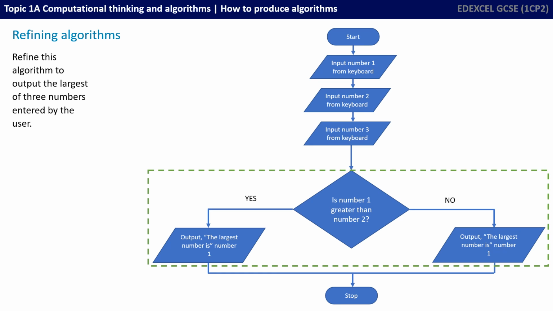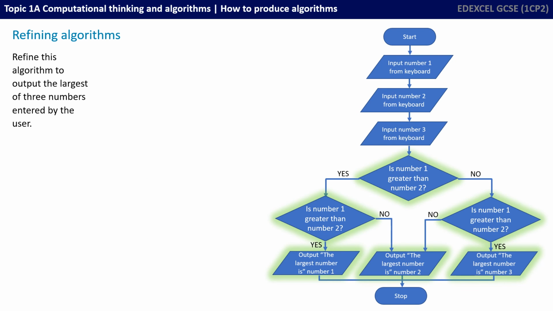Now this will require a little more thought, so why don't you pause the video and see if you can sketch out with a pen and paper how you would alter the bottom part of this flow diagram. And here you can see our refinement. So we've still got the is number 1 greater than number 2, but then if the answer is yes or no, we're performing another check, and depending on the result of that, we're either outputting number 1, 2 or 3 is the largest.